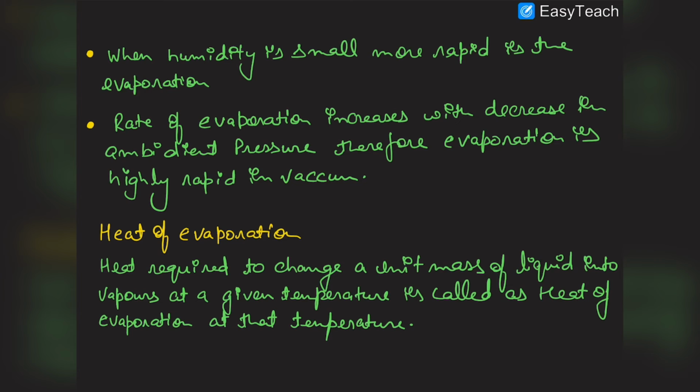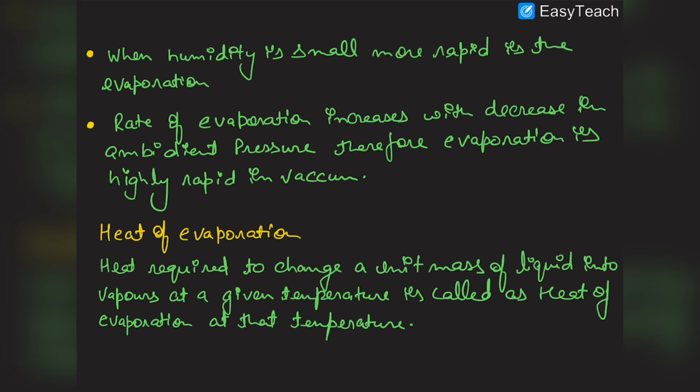Now the rate of evaporation increases with a decrease in ambient pressure, and therefore evaporation is highly rapid in vacuum. Obviously, we know that due to the air pressure, the molecules are restricted from breaking their bonds in the liquid, and they are restricted from evaporating.